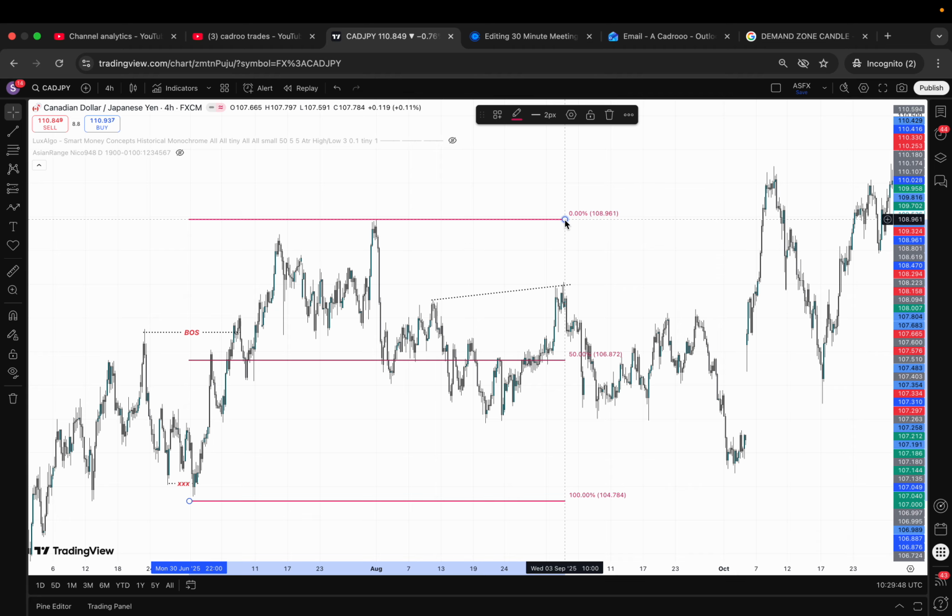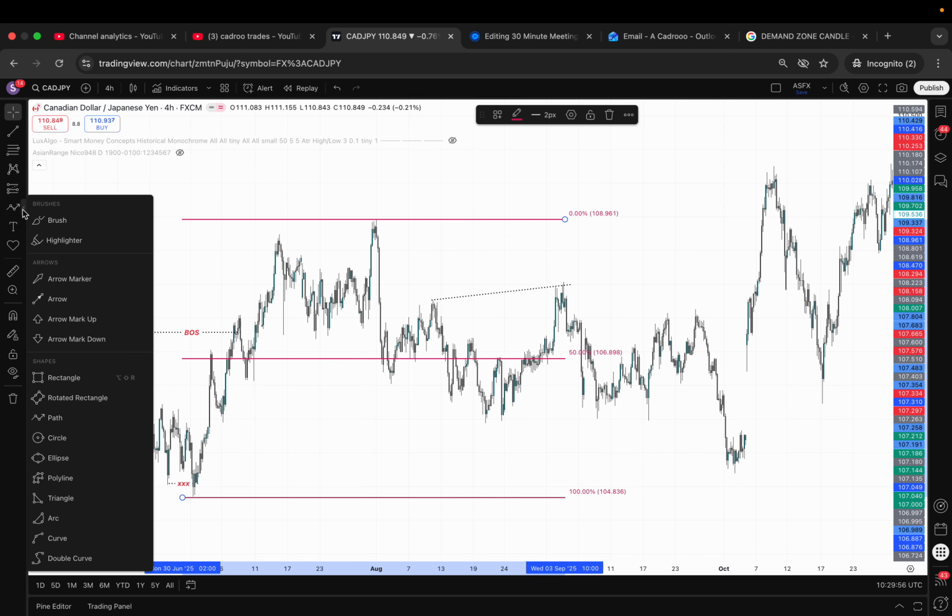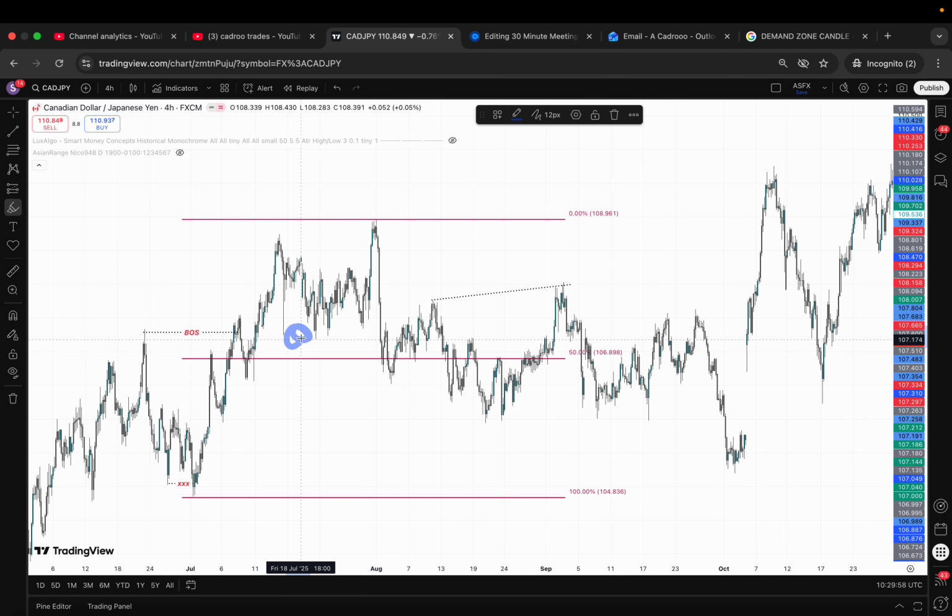So now, let's put our Fibonacci tool. Now, what do we want? We don't want to be looking for buys anywhere here. We don't want to be looking for buys anywhere here. We want to be looking for buys anywhere below 50%.